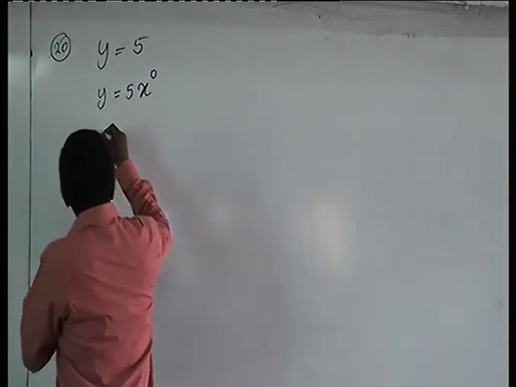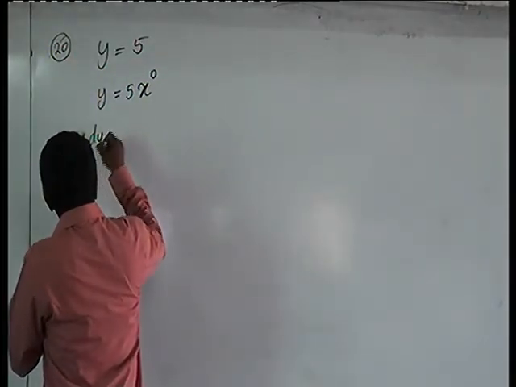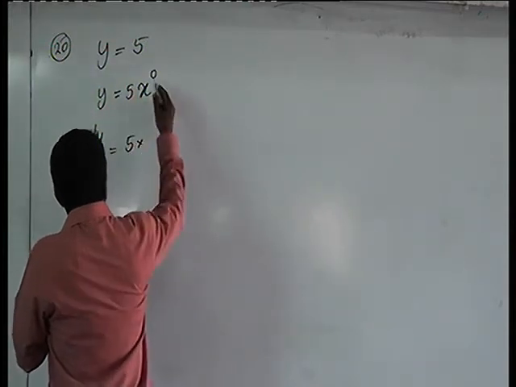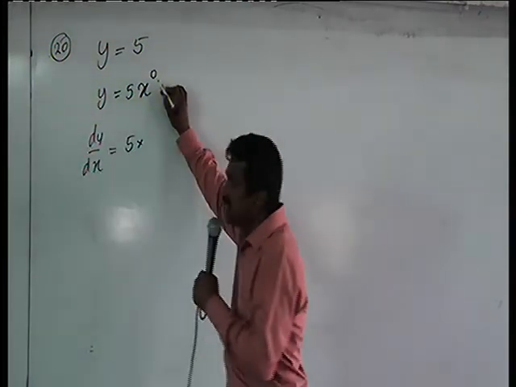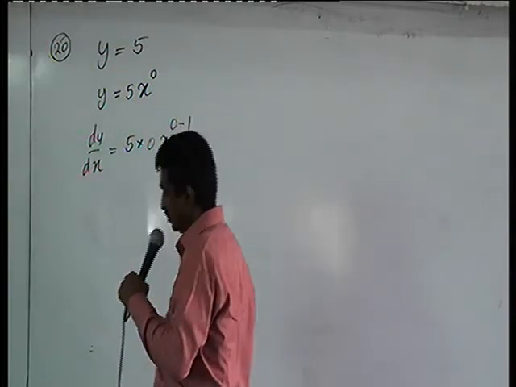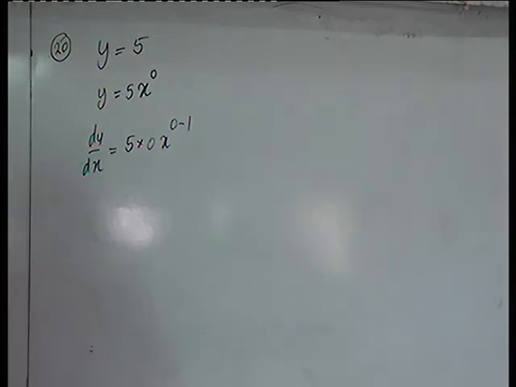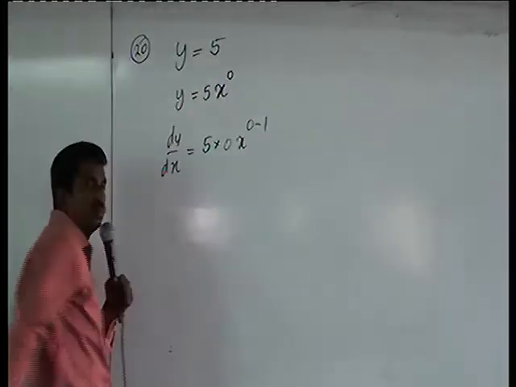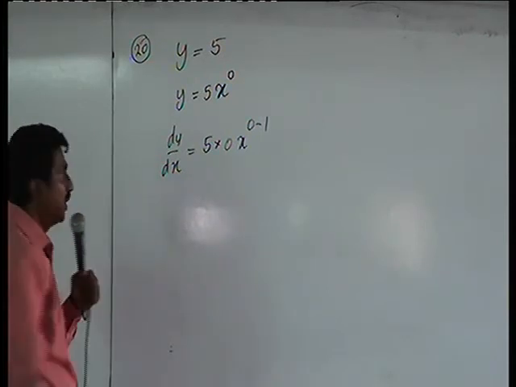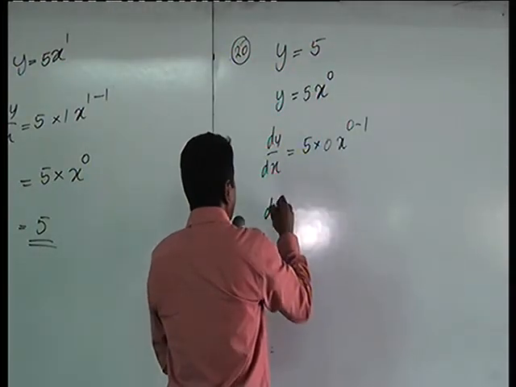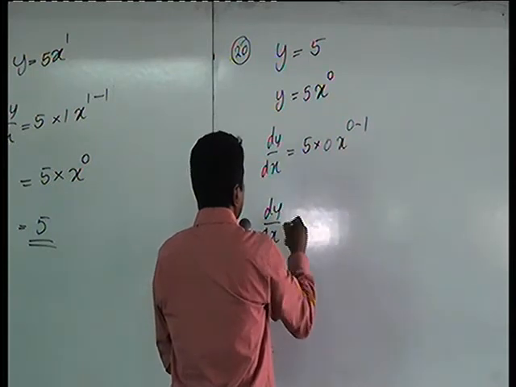So we can differentiate now. dy by dx equals 5 times, differentiate, our n is equal to 0 now. 0 x to the power 0 minus 1. What happened? When you multiply something by 0, everything goes to 0. If you multiply something by 0, any value, that goes to 0. So dy by dx equals 0.